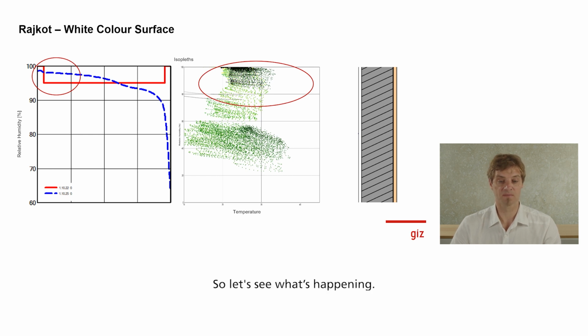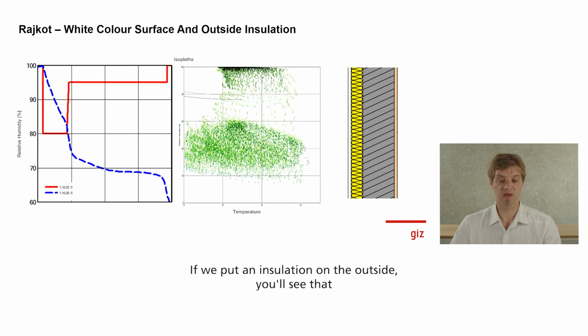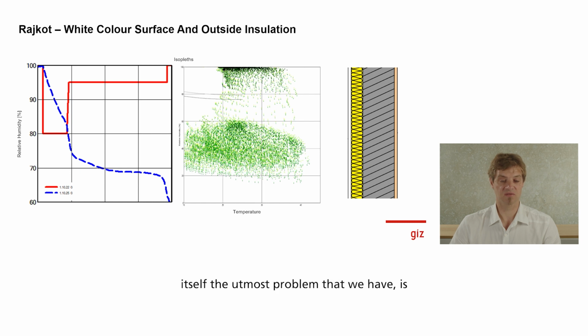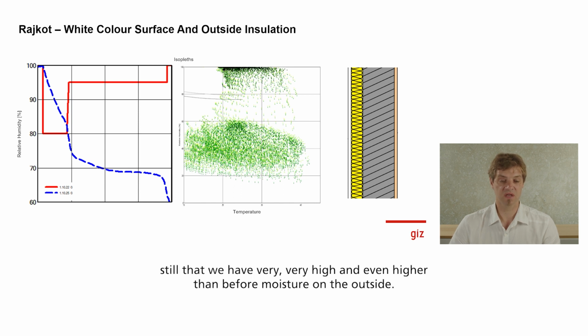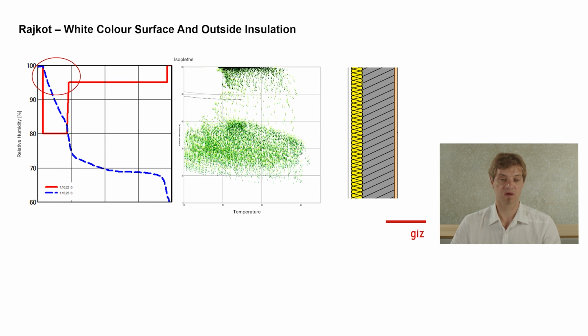So let's do that. If we put an insulation on the outside, you see that for the construction itself, on the outside itself, the utmost problem that we have is still that we have very, very high, and even higher than before, moisture on the outside on the plaster that we have here.